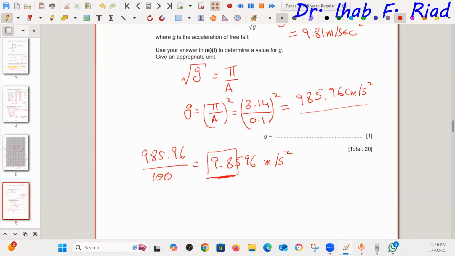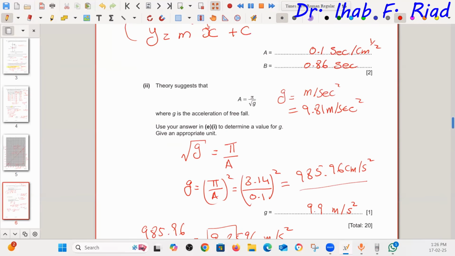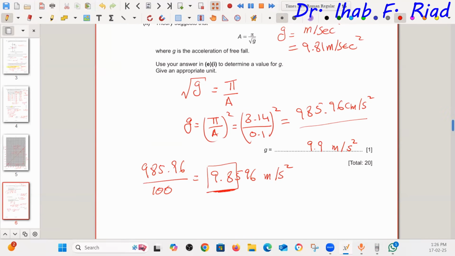So it is going to be something like 9.9 meter per second square. Okay? Do you think we are fine? Yes. Do you have any questions over here? No. Okay.